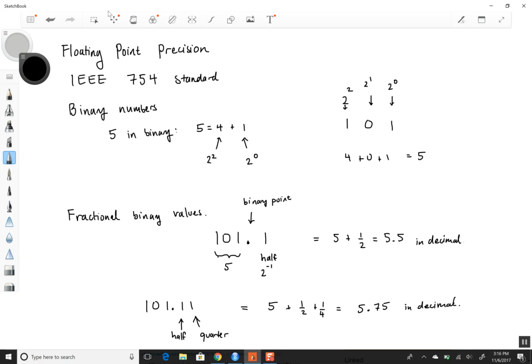Or you could distribute that A and do A times B plus A times C, and you'd get the same answer, right? And these are all true in real numbers. But when we're dealing with finite numbers and floating point precision, those things are no longer true. If you multiply by a third, and then do some stuff, those rules of algebra no longer are true, and that could cause problems if you weren't expecting that.